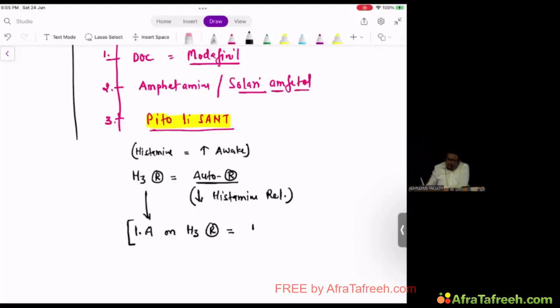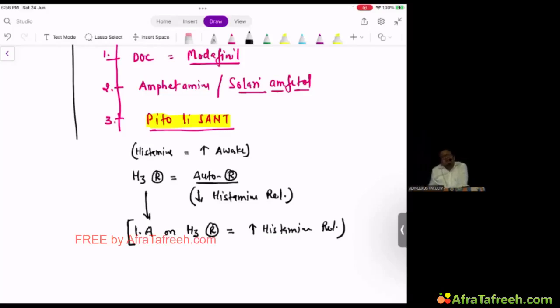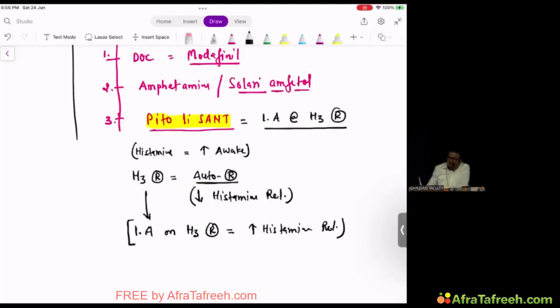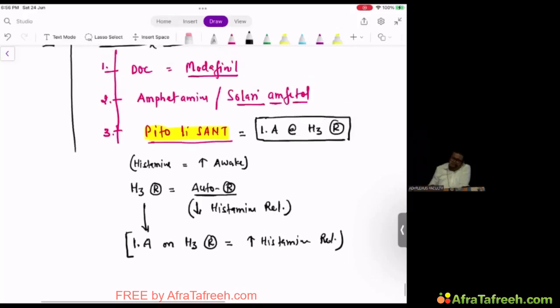So it will cause what? Increased histamine release will cause what? Less sedation, more activeness. And that is what pitolisant is. It is an inverse agonist at the H3 receptor. Another example of inverse agonist, one I told you, DMCM or beta carboline, another is pitolisant.